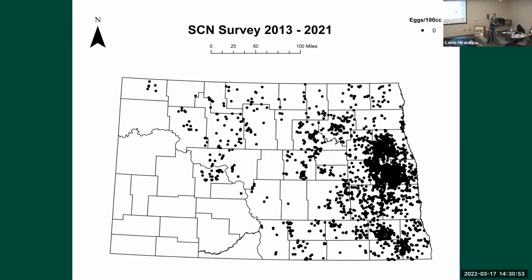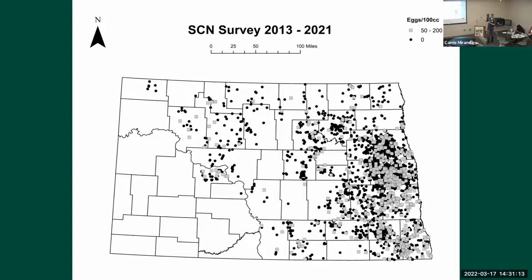First I'm showing the black dots. These are the negatives. I also want to note that there were over 1,400 entries for this. You can see a lot of them are on the east side, kind of similar to soybean acres in the state.